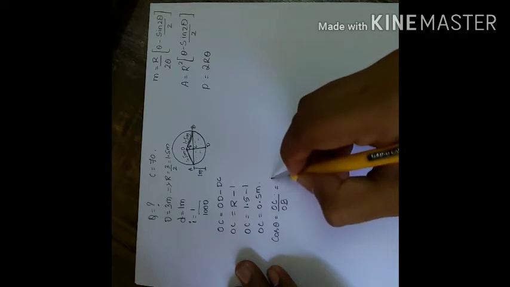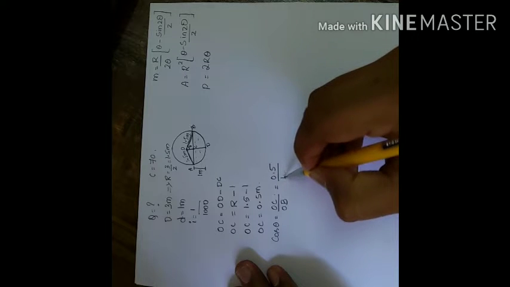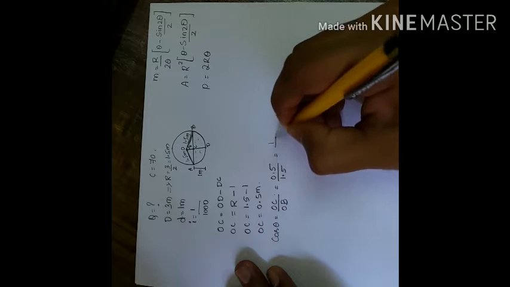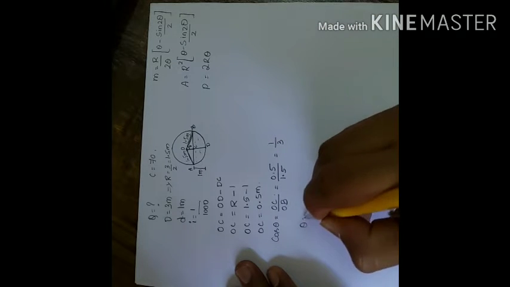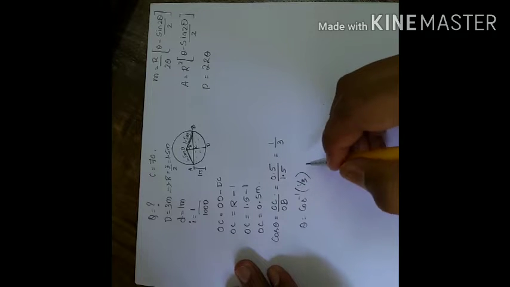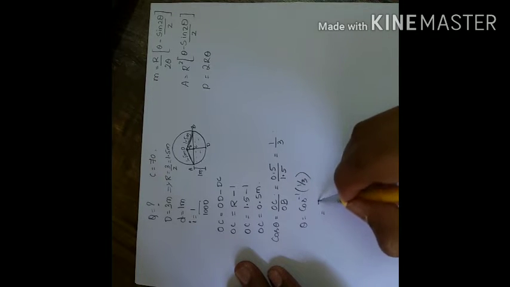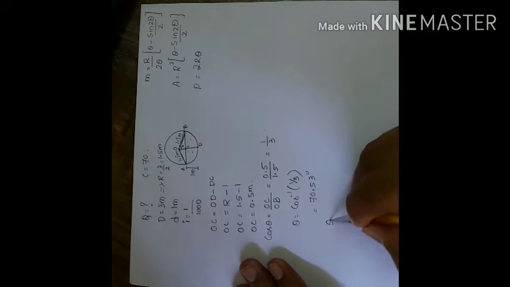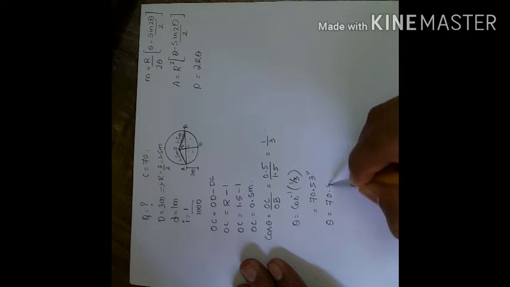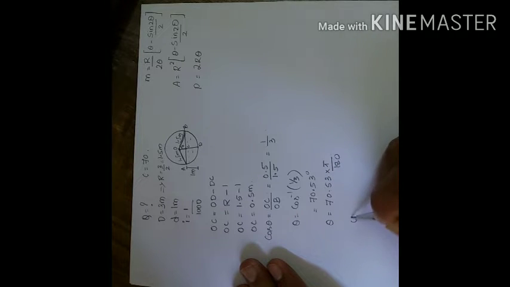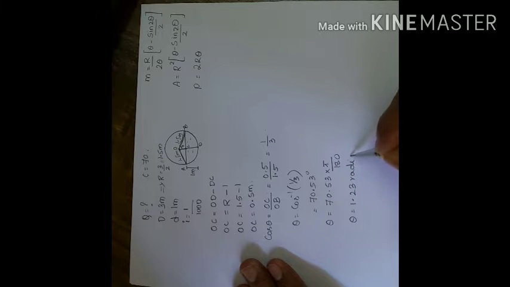OC we have already found, 0.5, divided by 1.5, the radius. So it will be 1 divided by 3. So theta is equal to cos inverse of 1 divided by 3, that will be 70.53 degrees. Converting this theta into radians, multiplying by pi by 180 degrees, theta will become 1.23 radians.